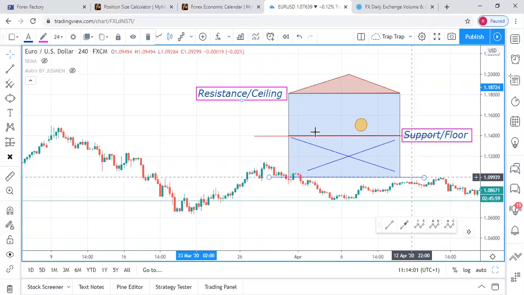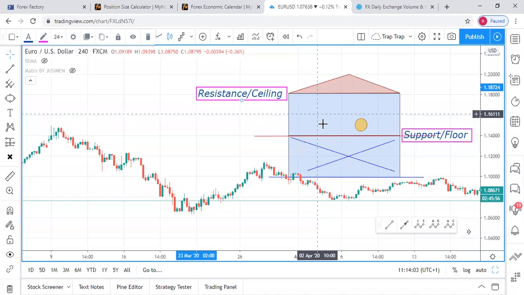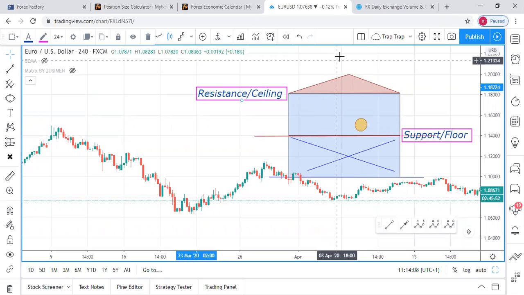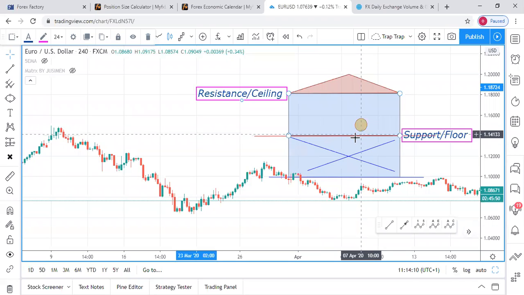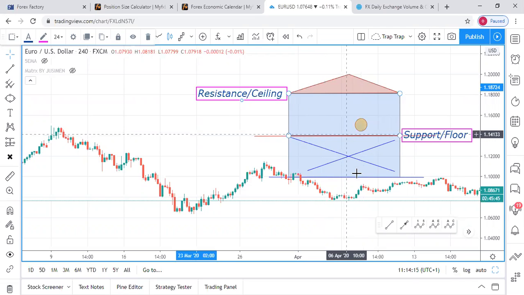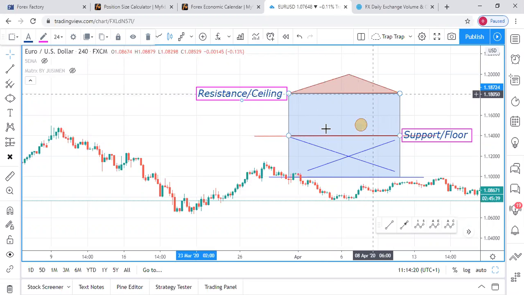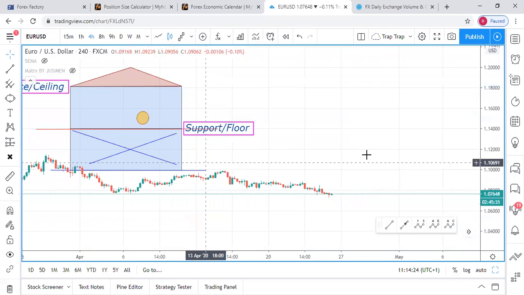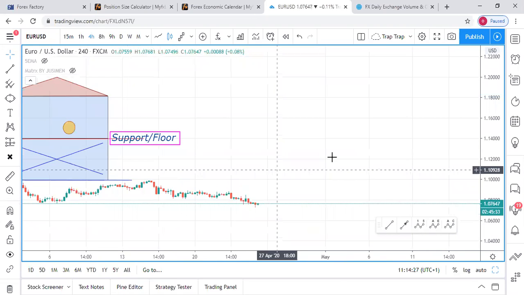So in essence, resistance is something that stops price from moving up, and a support is a floor that supports price when price comes back down. It stops price from going lower, but rather wants to push it upwards. That is support and resistance in layman's language.